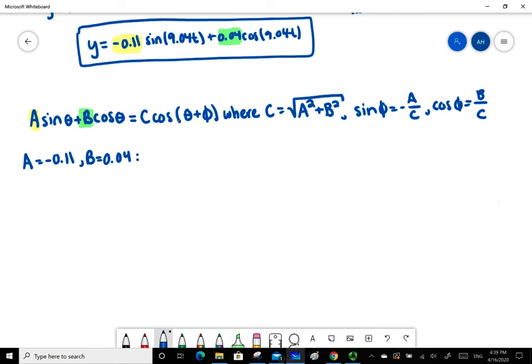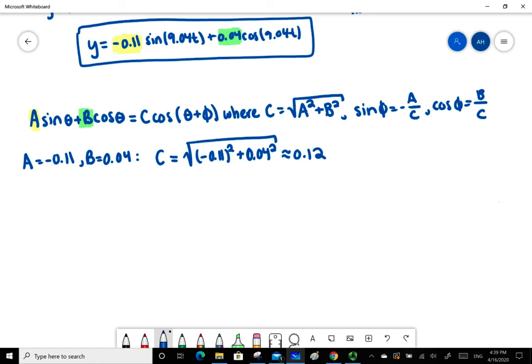So the amplitude of the oscillations, c equals the square root of -0.11 squared plus 0.04 squared, which is approximately 0.12. Finding phi can be tricky.